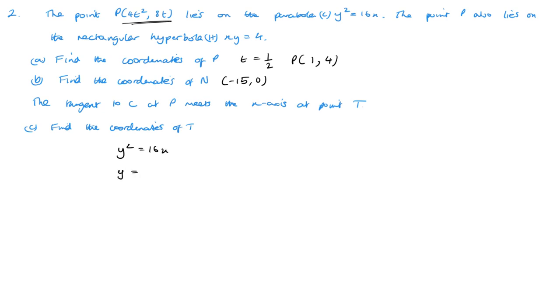So y equals plus or minus 4 root x, or better still, plus or minus 4x to the half, since we need to differentiate. So dy by dx equals plus or minus 2x to the negative a half.